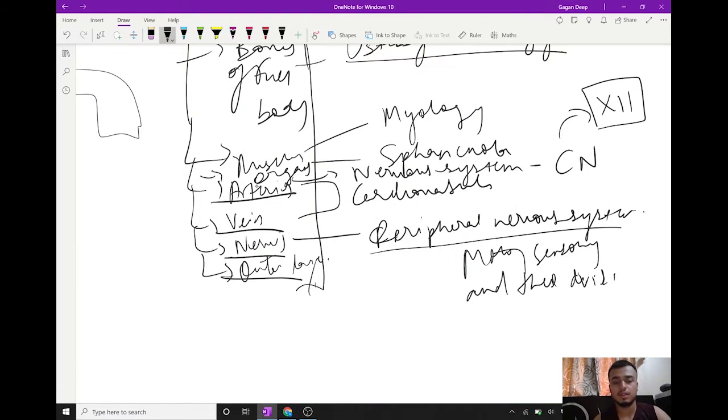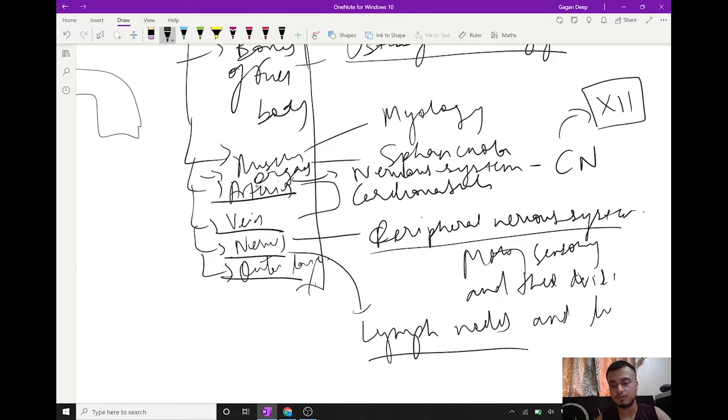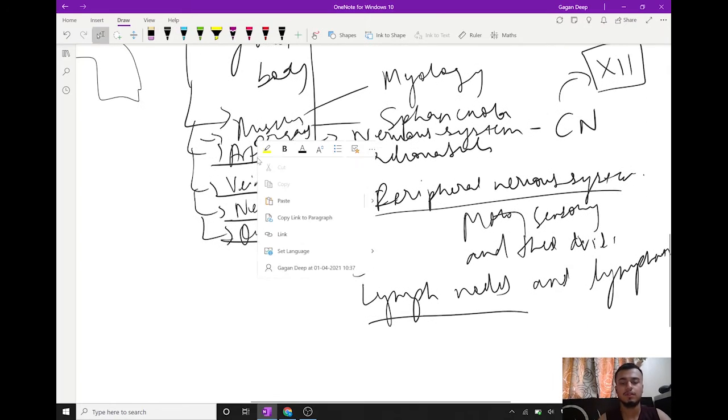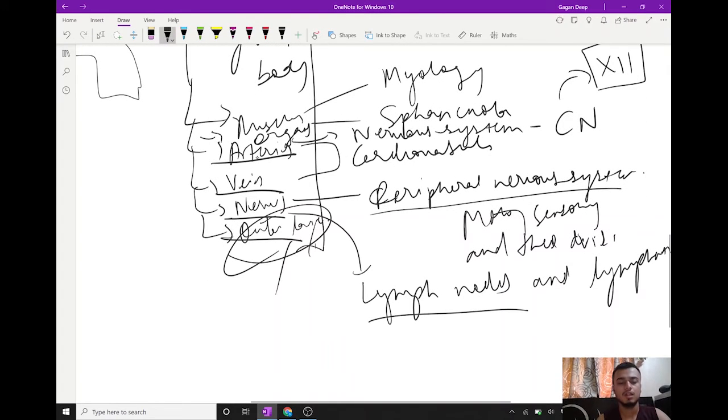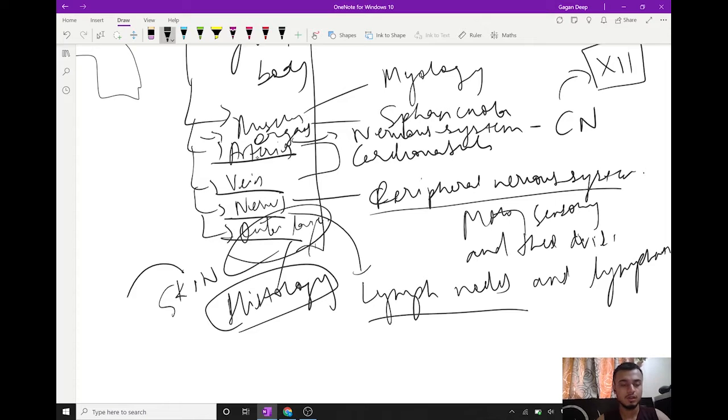And after we study nerves, we are gonna also study the lymph nodes and the lymphatic system of our body. And then there's nothing left. The outer layer we study in histology. It's the skin basically, skin is made up of two layers.